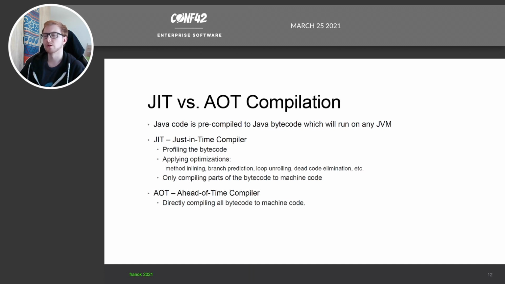And it will also only compile parts of the bytecode to machine code because it has to decide which parts of the code need to be optimized. Then on the other hand, there's the ahead-of-time compiler, which will just directly compile all the bytecode to machine code when the JVM starts up.